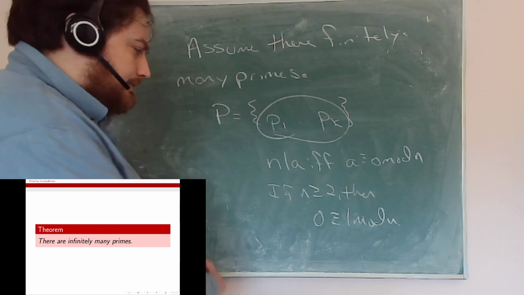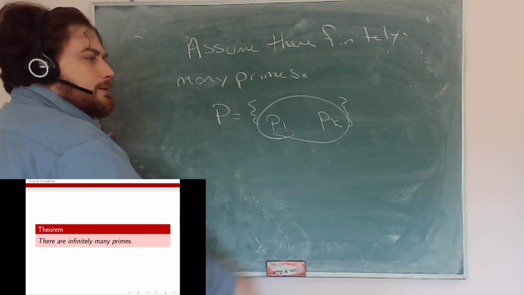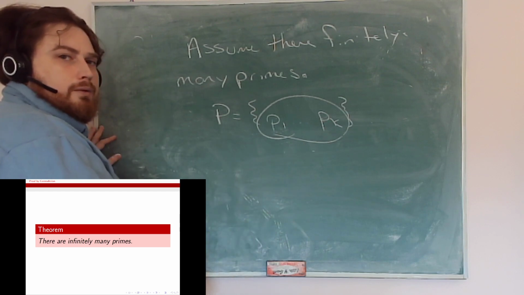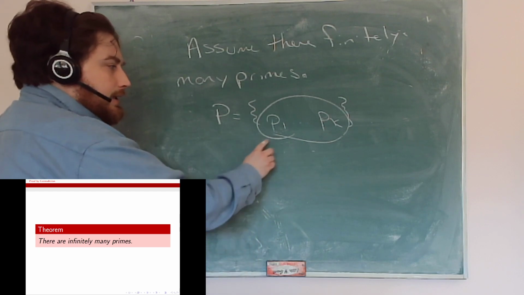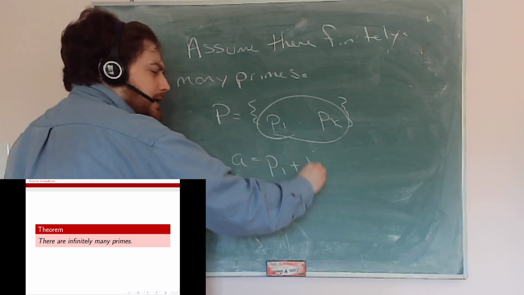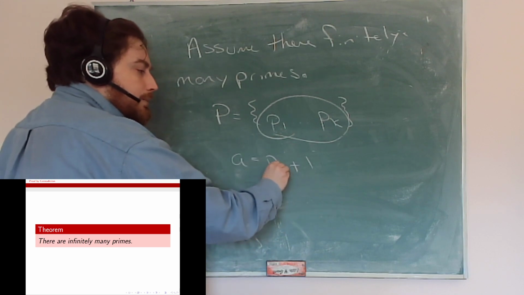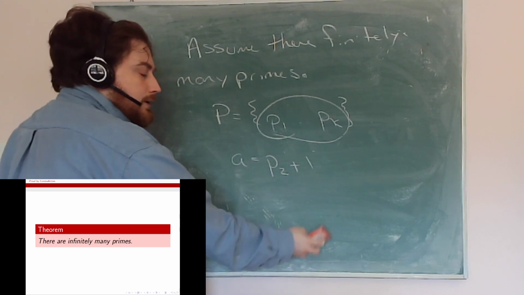All right. There's my goal. How do I find a number that's congruent to 1 mod every one of these? Well, notice that if I want to find a number that's congruent to 1 mod p sub 1, I could just take p sub 1 plus 1. If I wanted to find one that's congruent to 1 mod p sub 2, I could take p sub 2 plus 1.